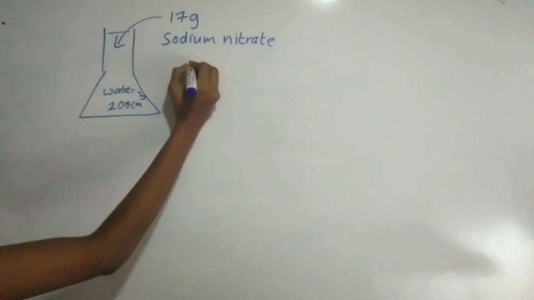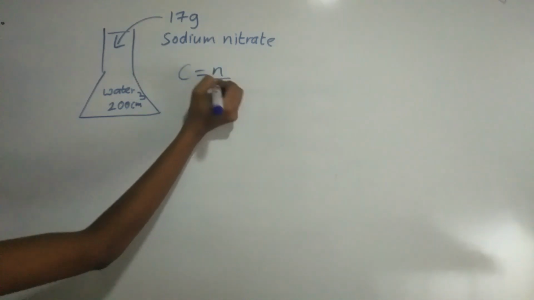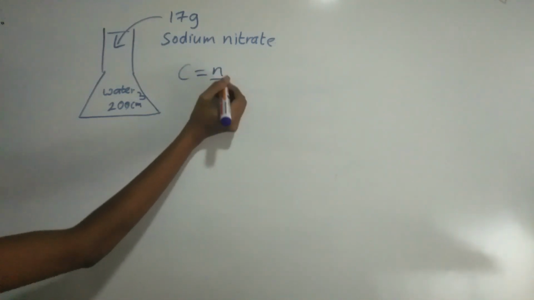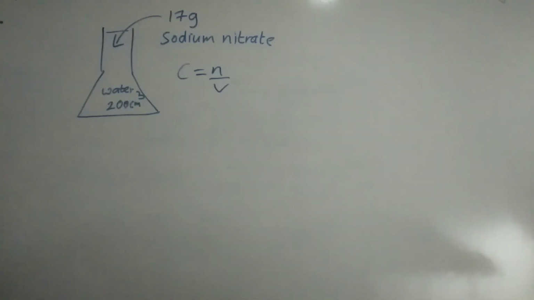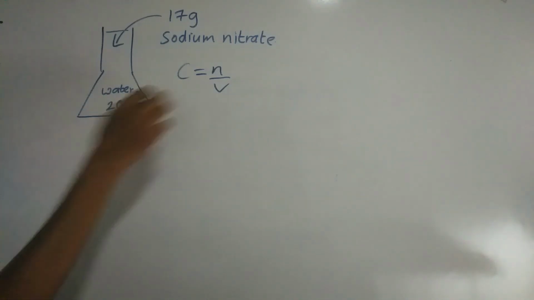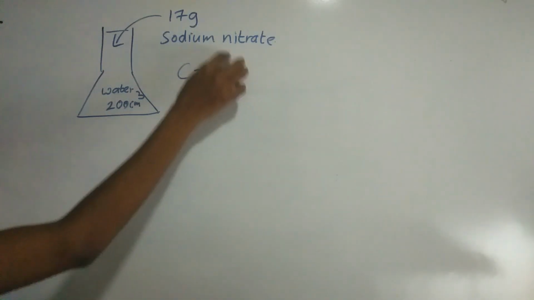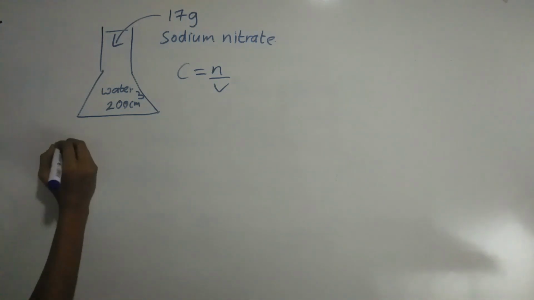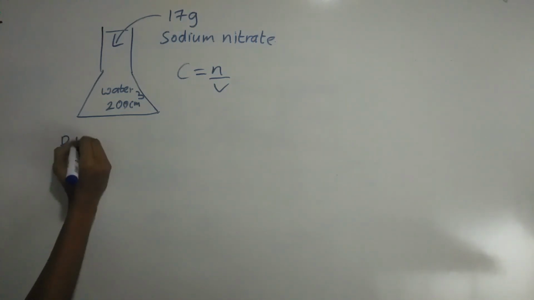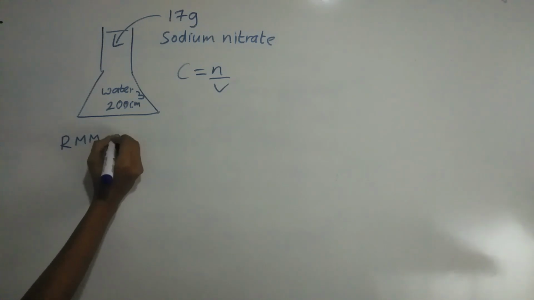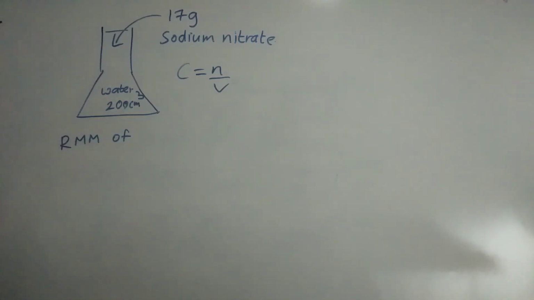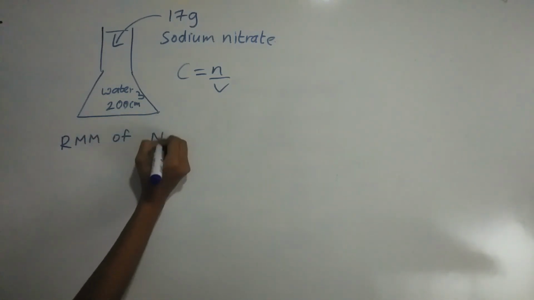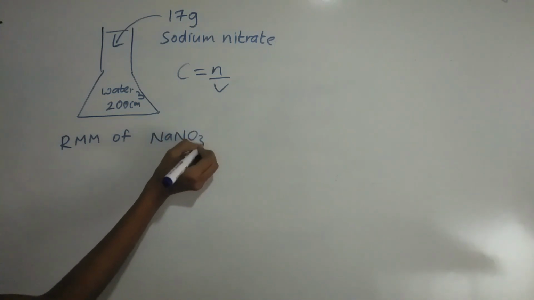You know, to find the concentration of the solution, we need the number of moles and the volume. So we have to find the number of moles of sodium nitrate. To find that, we have to find the relative molecular mass of sodium nitrate, NaNO3.